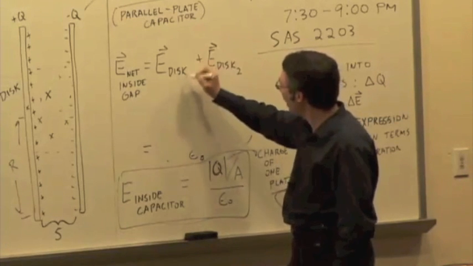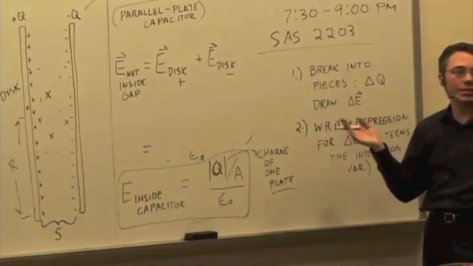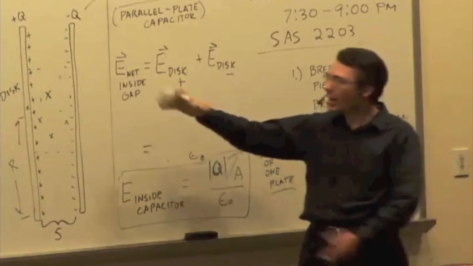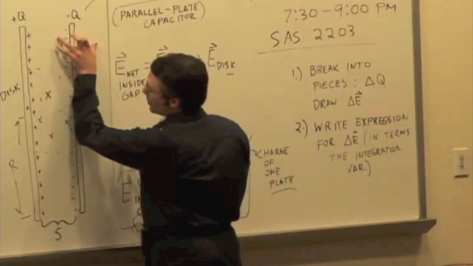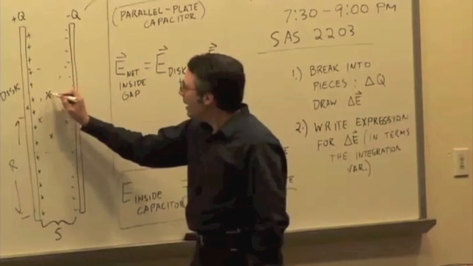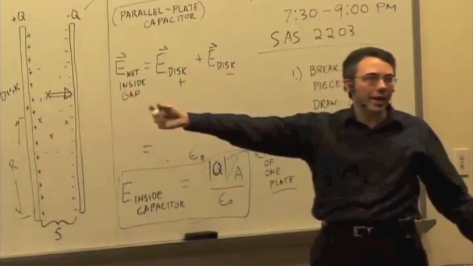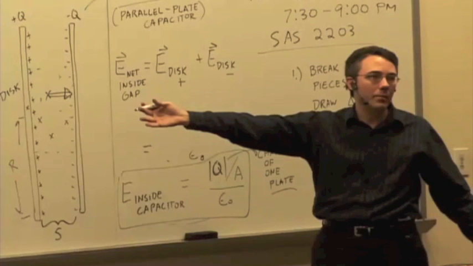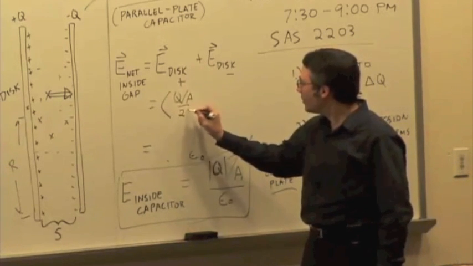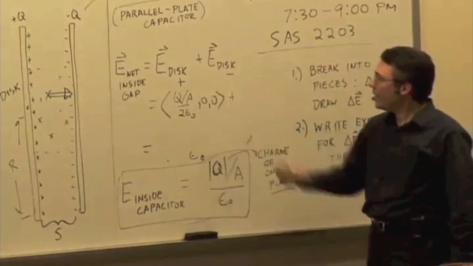Or I'll write it this way, the positively charged disk and the negatively charged disk, right? We're just applying superposition. So I say, okay, what's the electric field due to that positively charged disk? Well, I know how to deal with that. Superposition says I ignore the presence of the negatively charged disk. Just think about the positively charged disk. I know its direction is in the positive x direction, and I know its magnitude is Q over A over 2 epsilon 0. Okay? So I have a vector then that is Q over A over 2 epsilon 0 in the positive x direction.